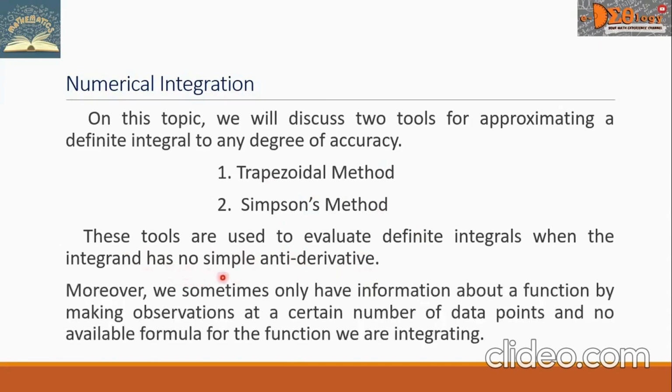Moreover, we sometimes only have information about a function by making observations at a certain number of data points and no available formula for the function we are integrating. We shall discuss the two methods in the next videos.